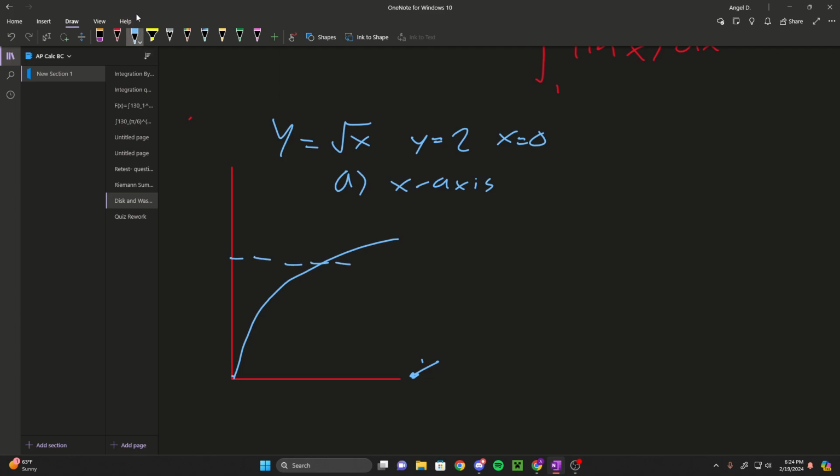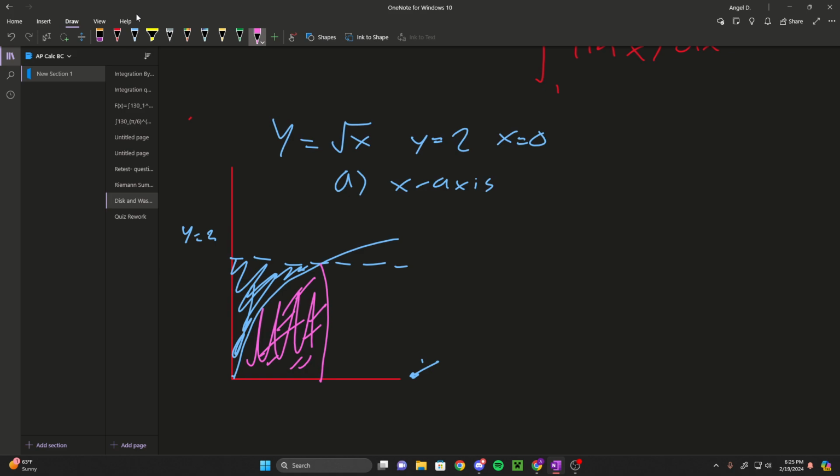Let's say that's y equals 2 right there. So the area under this is just this over here. Now, as you can see, we have a little problem. From here to here, we have all this empty space.